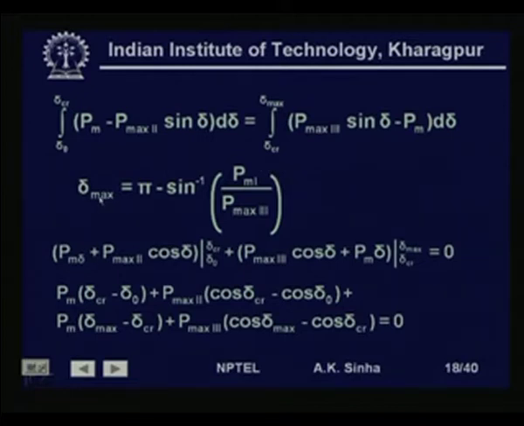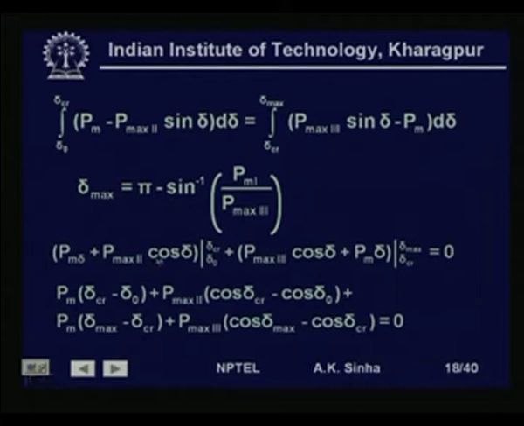So, putting for this, we integrate this, we get Pm, which is a function of delta, Pm into delta. I am sorry, this delta should not be in subscript mode. This is Pm into delta, because we are integrating this, plus Pmax2 into cos delta. When we integrate sin delta, it becomes minus cos delta, this is minus.